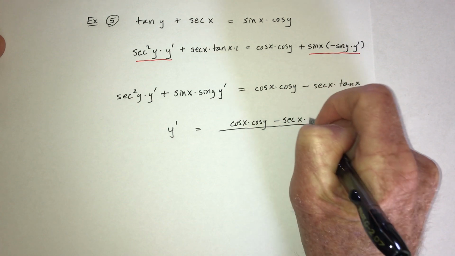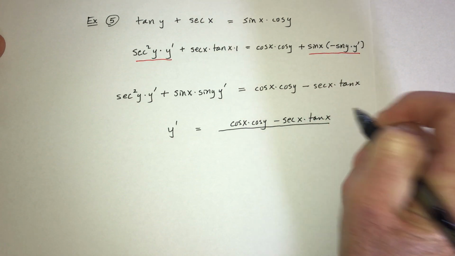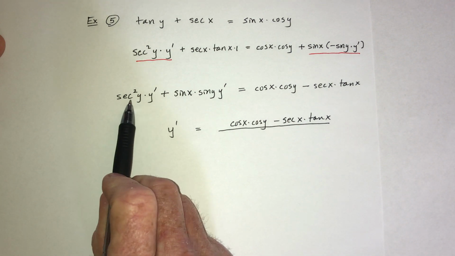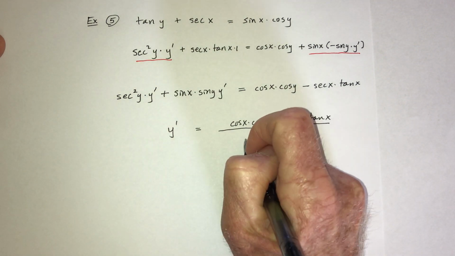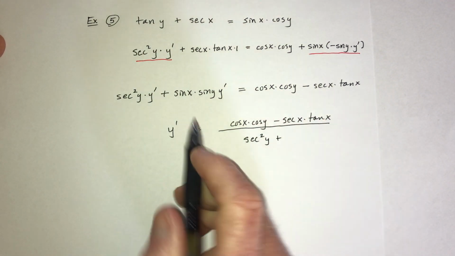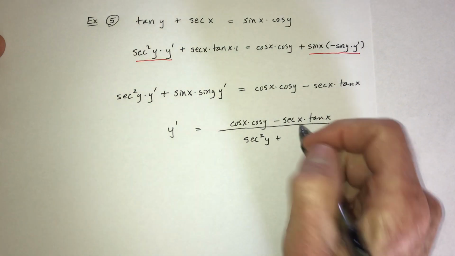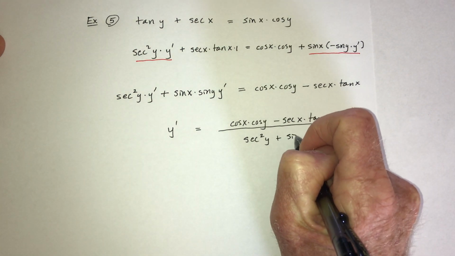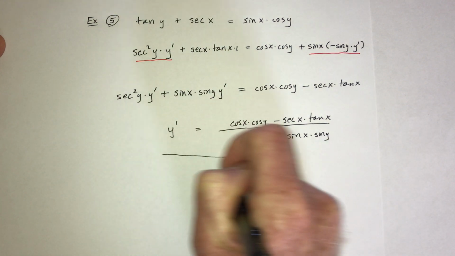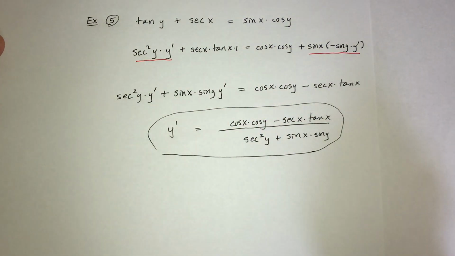Then secant x, tangent x. And then divide by this. After the y prime has been factored out, what's left is secant squared y plus the sine x and sine y. All right.